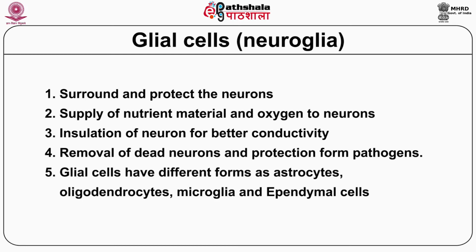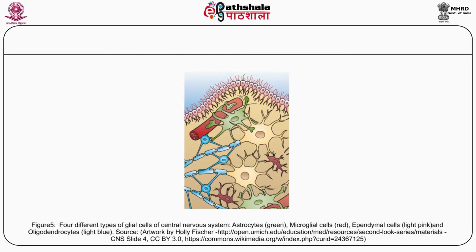Number 2, they supply nutrients and oxygen to the neurons. Number 3, insulation of the neurons for better conductivity is done by these glial cells. Number 4, they remove dead neurons and protect against pathogens. These glial cells are of different forms like astrocytes, oligodendrocytes, microglial and ependymal cells.